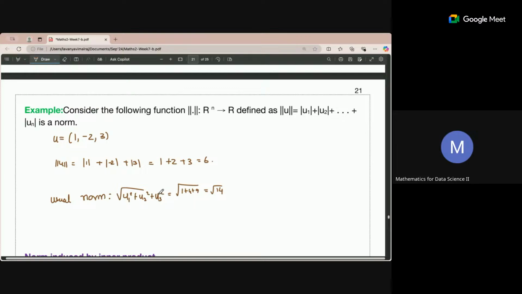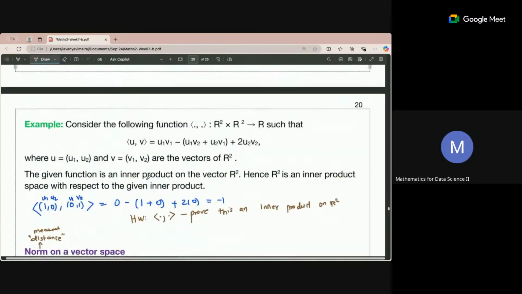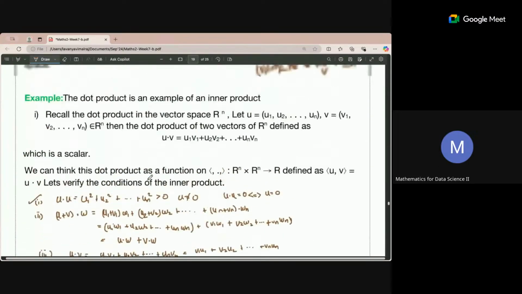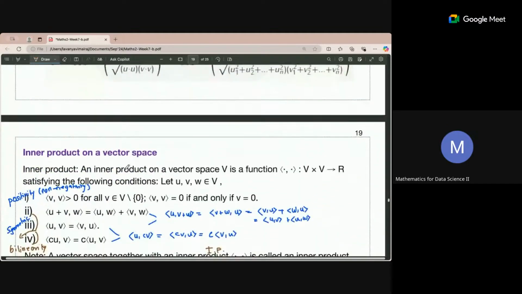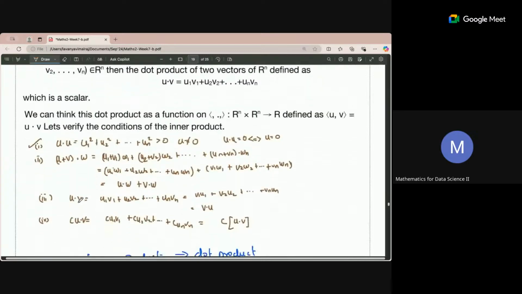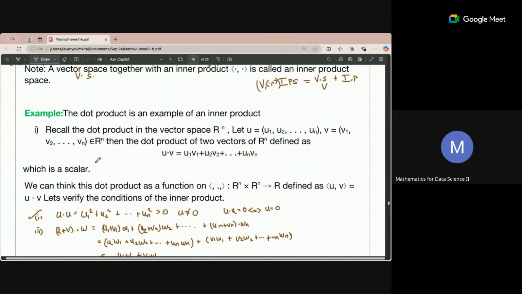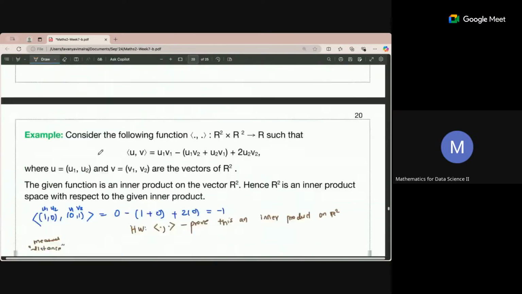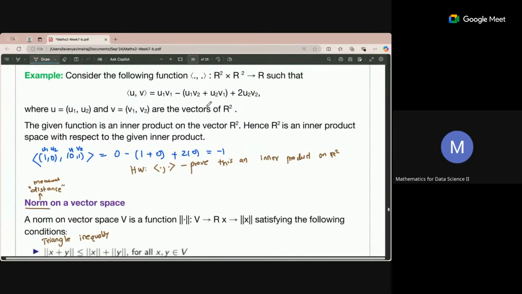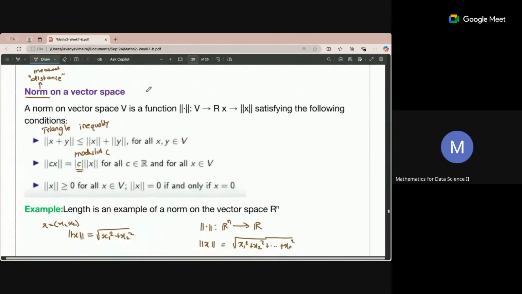So you see that first of all, we introduced what is dot product, and then we introduced what is an inner product. Inner product means something which satisfies all the four properties. We saw that dot product is an inner product, and there can be several other inner products. Here is one such example. And then we introduced what is a norm on a vector space, and then we saw that the length, which is already introduced, is an example of a norm.